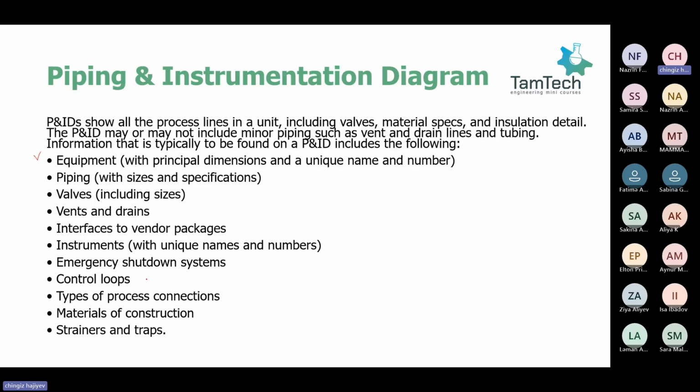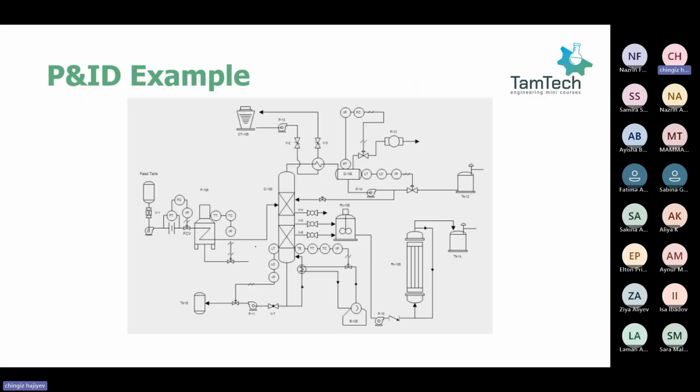This is also one of the most significant parts of piping and instrumentation diagram. You are able to see control loops. We don't have that in PFDs. Usually, we don't have that. And the materials of construction and any strainers or any traps should be mentioned in piping and instrumentation diagram.